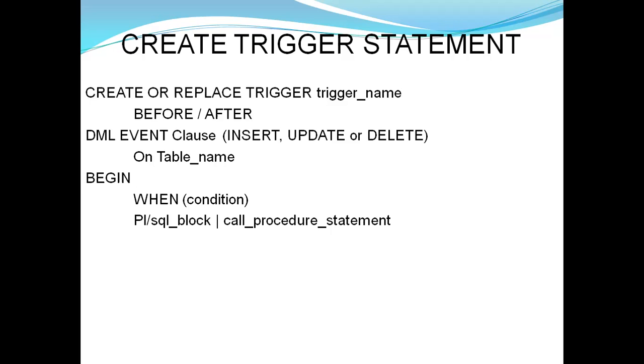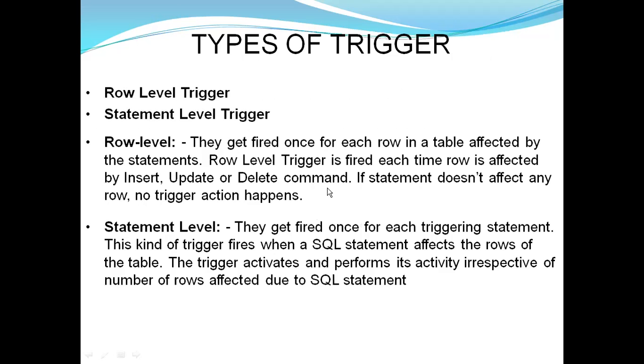Correct? Now this trigger is further divided into two parts: row level trigger and statement level trigger. What do you mean by row level and statement level? Row level trigger will only execute if the row is affected. Affected means what?